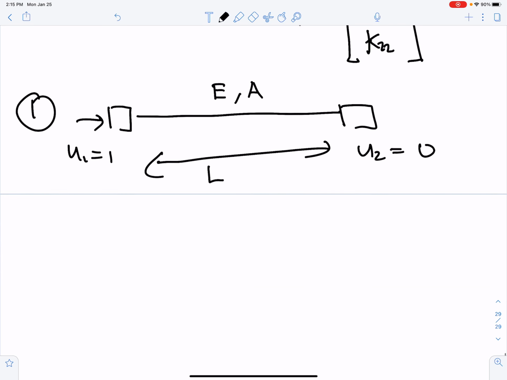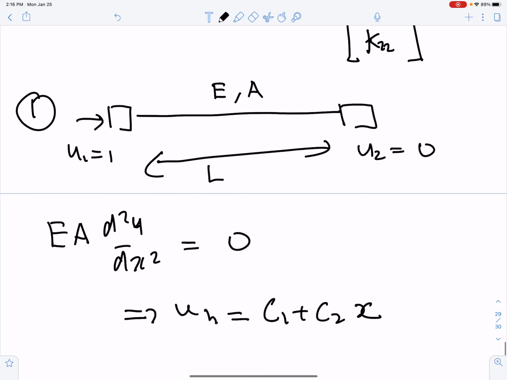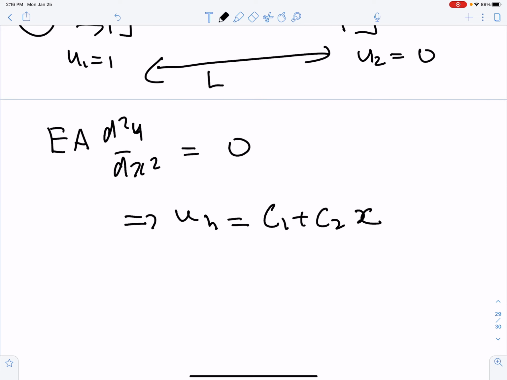So the differential equation looks like this: EA d squared u dx squared equals 0. There's no forces, only displacement boundary conditions. So we know this situation gives me u homogeneous equals C1 plus C2x. Because there's no forcing, u particular equals 0.